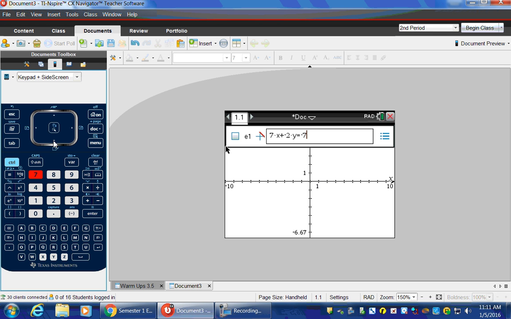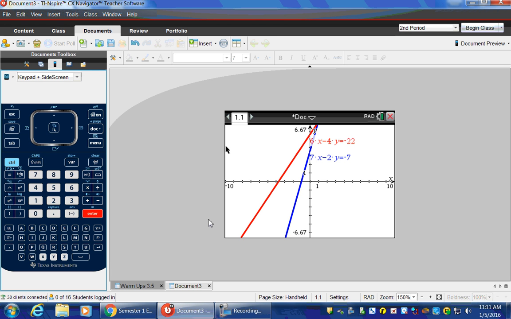And I'm going to push the down arrow, and it's going to graph that equation. Then I'm going to enter the second equation. 6x plus negative 4y, arrow over, negative 4y equals negative 22.